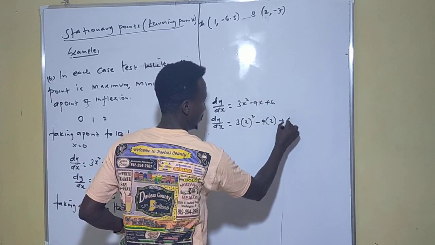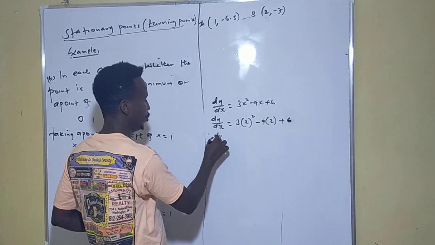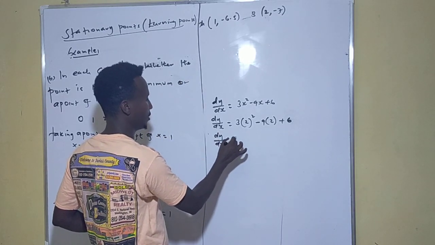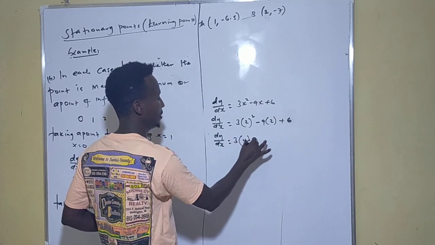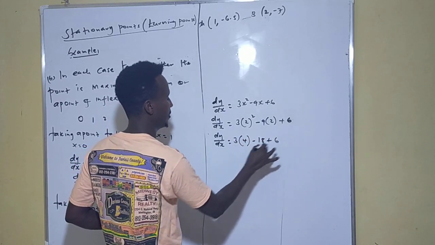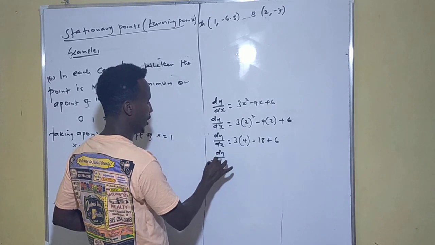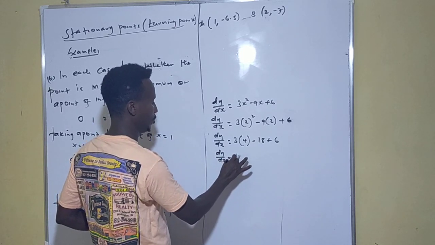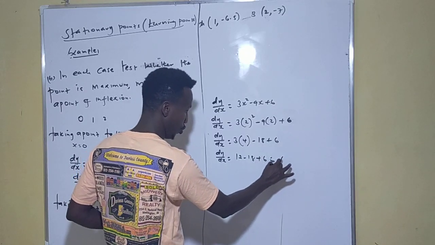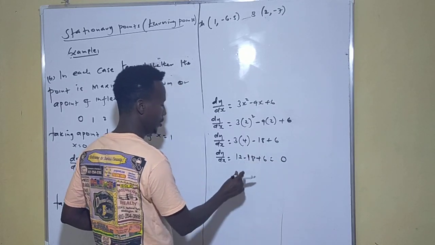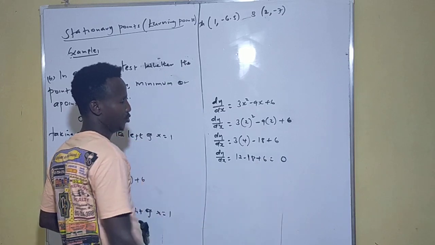So dy over dx is 3 into 4 minus 18 plus 6, which is 12 minus 18 plus 6. So this is 0.